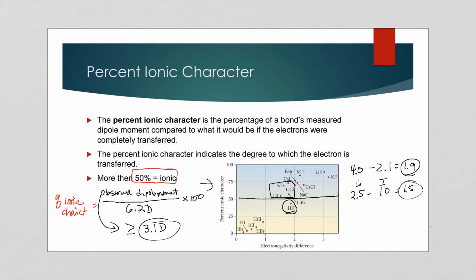If you have a measured dipole above 3.1, you're going to fall into that more than 50% ionic. You're going to be an ionic bond even if your electronegativity difference doesn't meet that, quote, cutoff. So those cutoffs are a little bit vague, if you will.